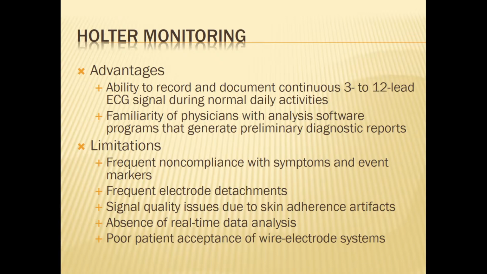There are some limitations, mostly due to poor contact of electrodes with the chest wall and due to the large number of electrodes and wires. That's why there is a new generation of long-lasting ECG records, and I'll tell you later about some of them, which help us to avoid these limitations.